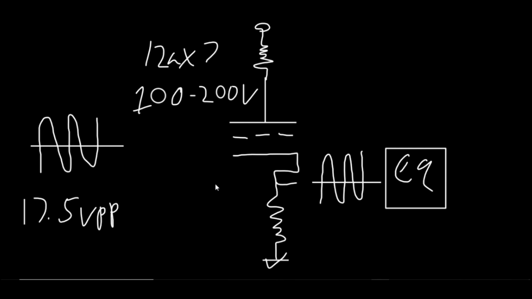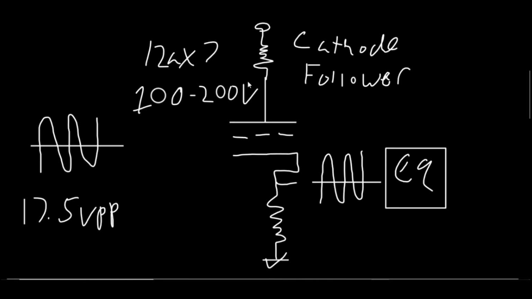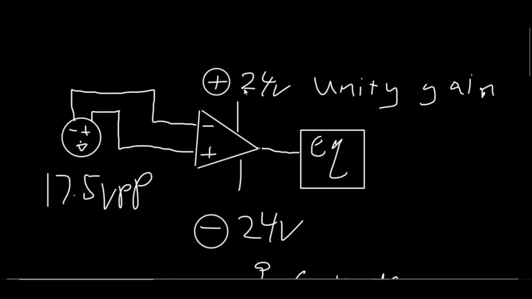And the likelihood of this happening, especially with what's called a cathode follower, which is what we're looking at here, is a lot more dependable using a tube cathode follower than trying to use a differential amplifier or even a unity gain amplifier using an op amp.